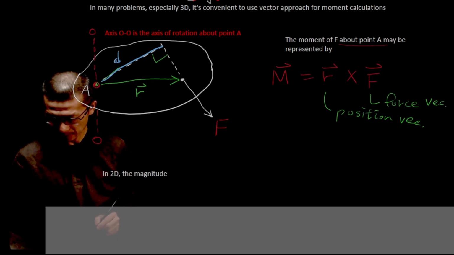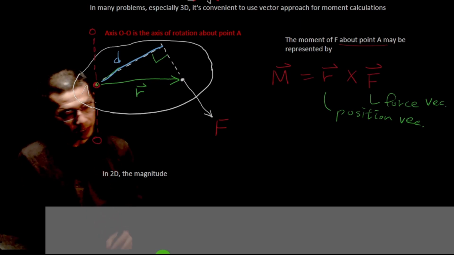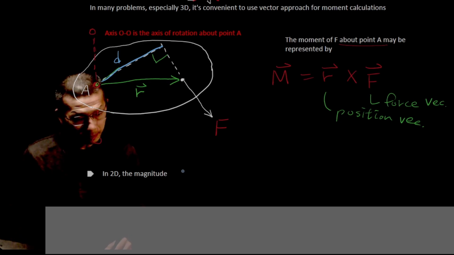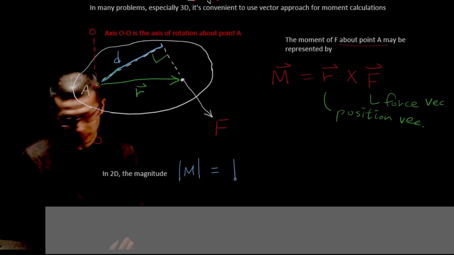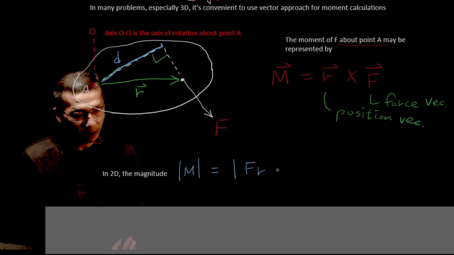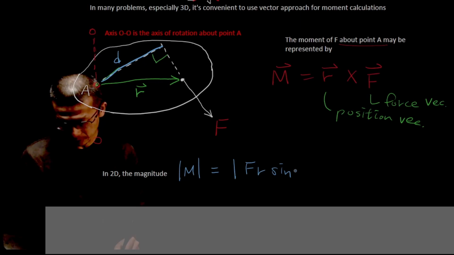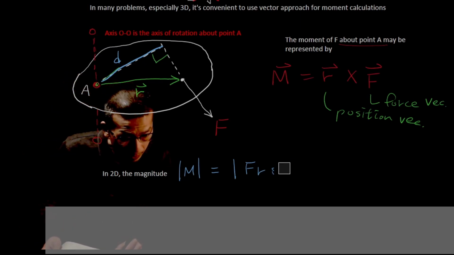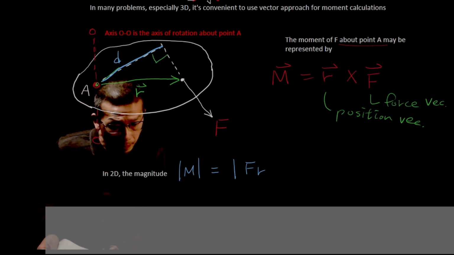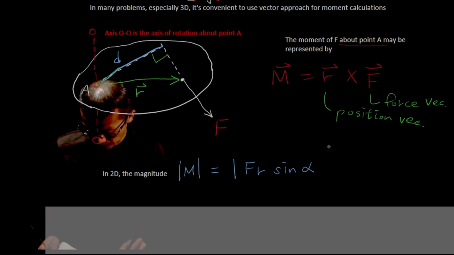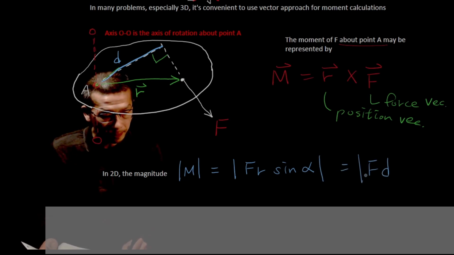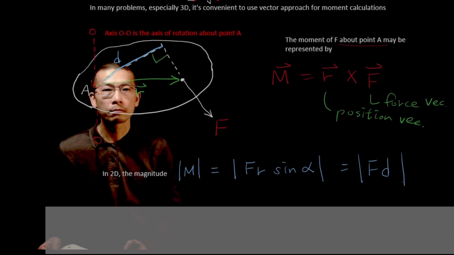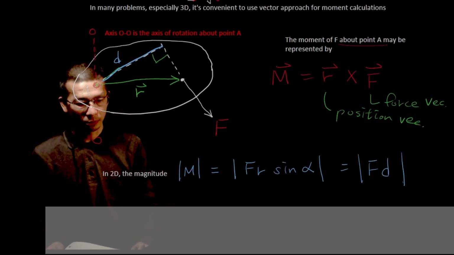D. Yep. So in 2D, the magnitude of the moment is simply equal to FR sine alpha, equal to simply F times D. So where's alpha?